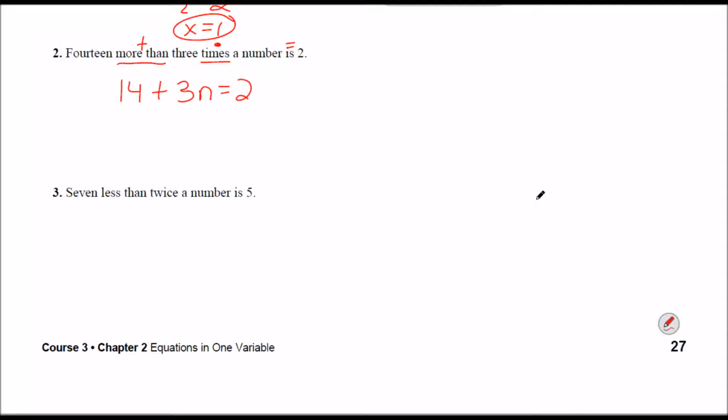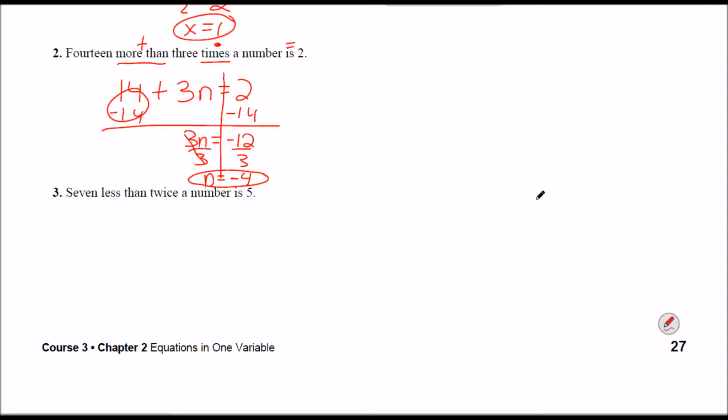That variable is your choice. You could use any letter you want. We subtract 14 on each side. The 3n drops down, and 2 minus 14 is negative 12. We divide each side by 3, and our number is negative 4.